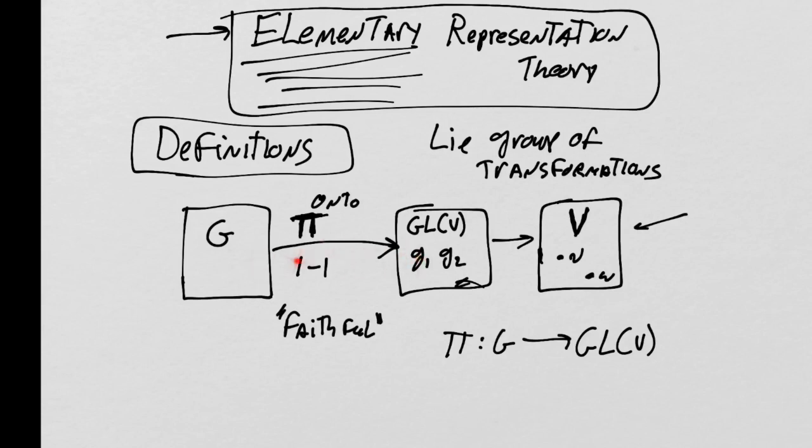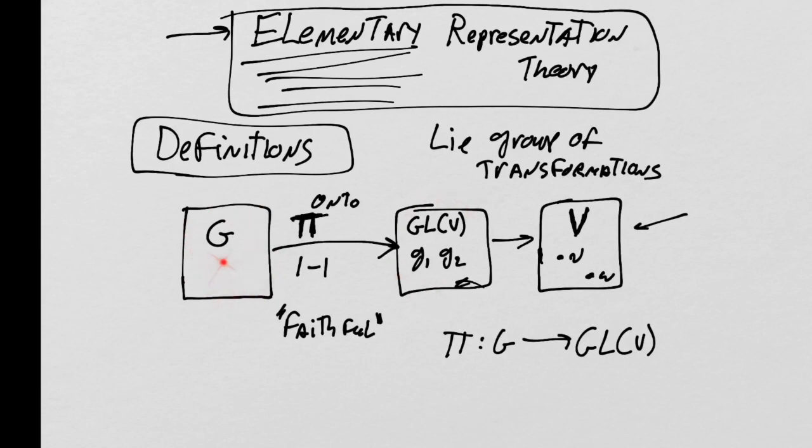Because G doesn't necessarily have to cover all of GL. But it's one-to-one. So basically it means the representation of G lies inside the general linear group, right? G is usually going to be something much more restrictive than the full general linear group.